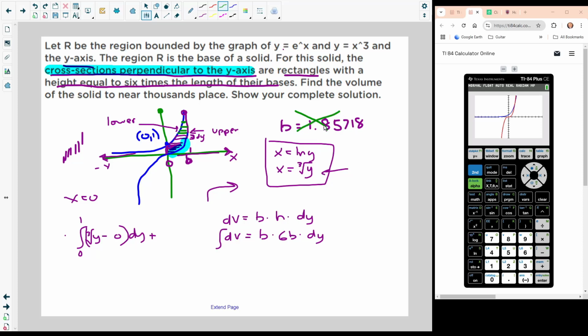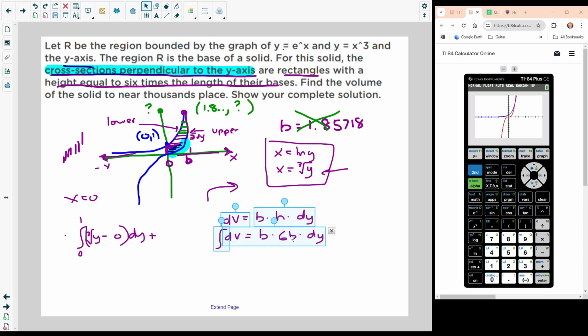That is the x value of the intersection. I need the y value of the intersection point, right? In other words, here I know it's 1.8 something, comma, I need to know what that is because I'm integrating dy. So I'm integrating from 1, the y value, to whatever this y value is there. So that makes the problem even more difficult.